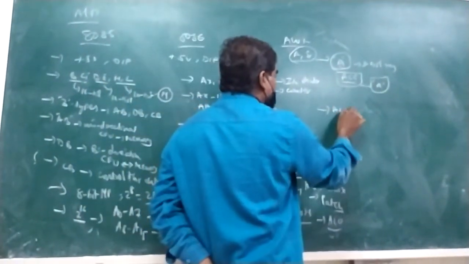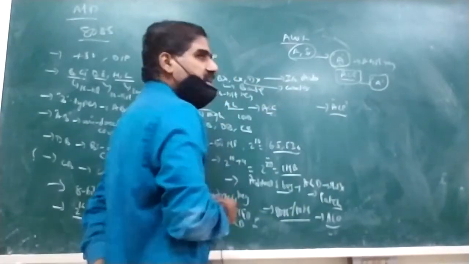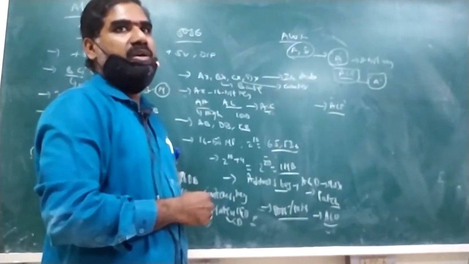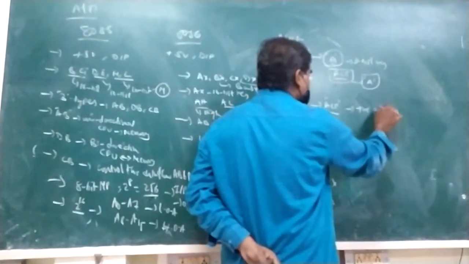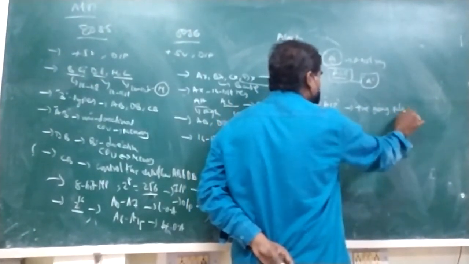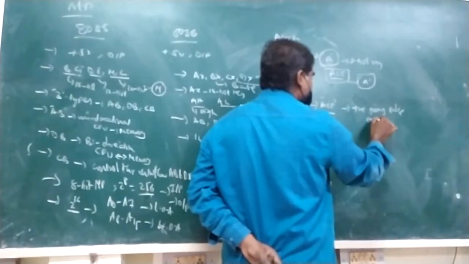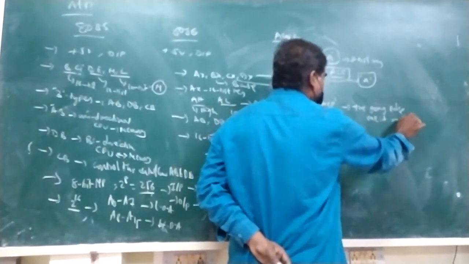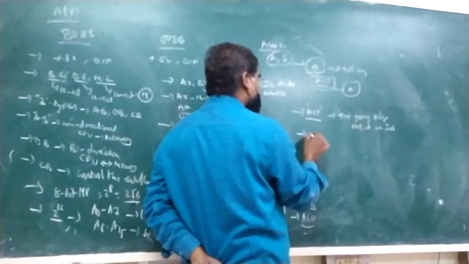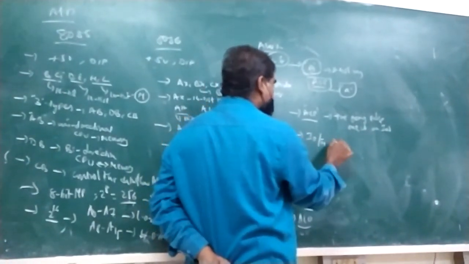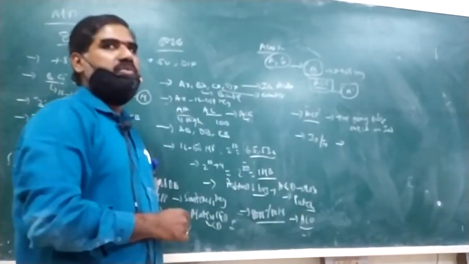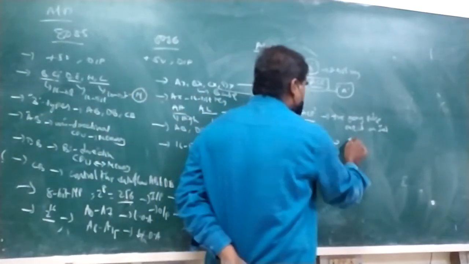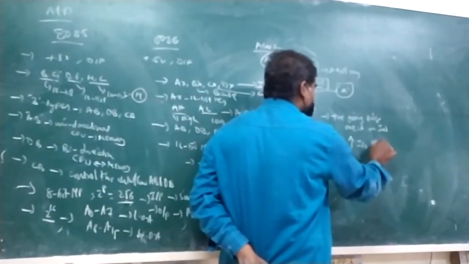Another one is ALE, the address latch enable pin. It is used to generate positive going pulses whenever the microprocessor is going to execute an instruction. Next, another important pin is IO/M, input output by memory. It is used to perform 2 operations. When it is high, it performs input output operations.